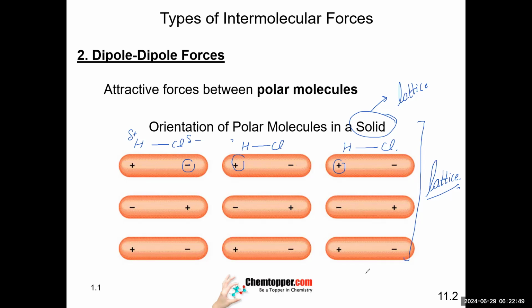Diamond is a network of chemical bonds. So there we are breaking chemical bonds to melt diamond and graphite. It's a network of covalent bonds. But here, when I'm going to melt it, I'm breaking the dipole-dipole forces, which are weaker.